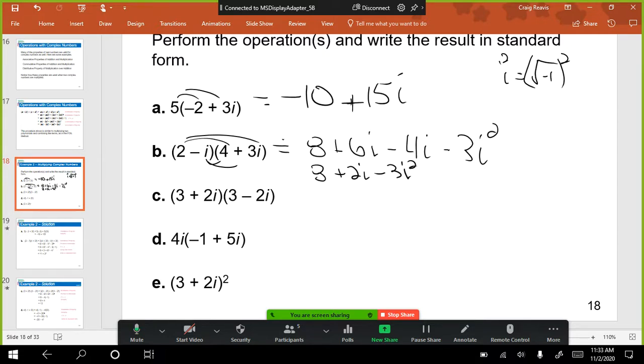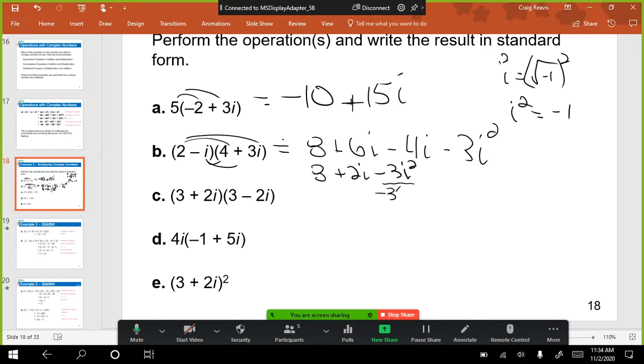So what does i squared equal? It equals negative 1, right? So i squared simplifies to negative 1. Anytime you have an i squared, it's equal to negative 1, right? So what I have to do is down here, this is not simplified because that's negative 3 times what?